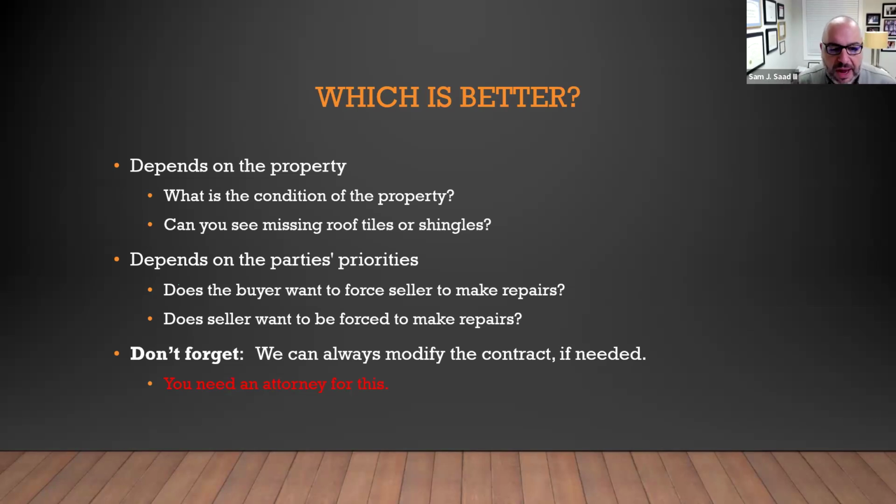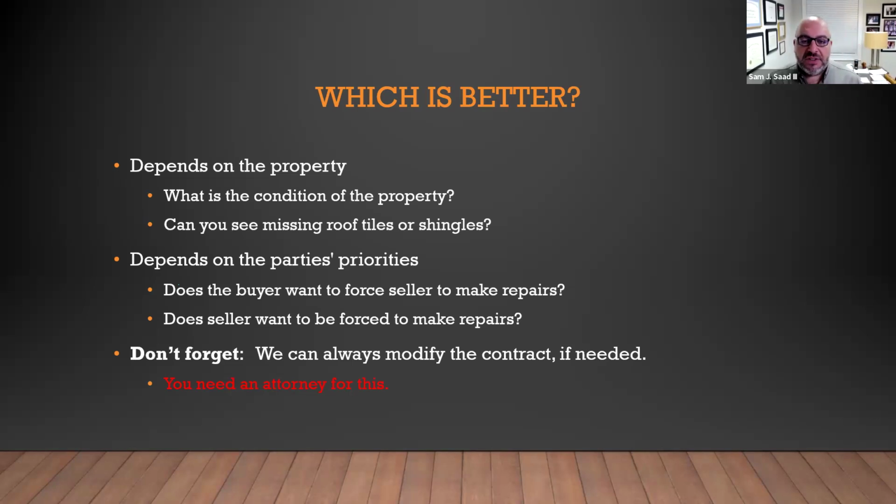The other thing to think about, does the buyer want to force the seller to make repairs? If the seller doesn't want to make repairs, then you're going to negotiate which form to use, because under FRBAR, the seller has to make repairs up to the repair limit.